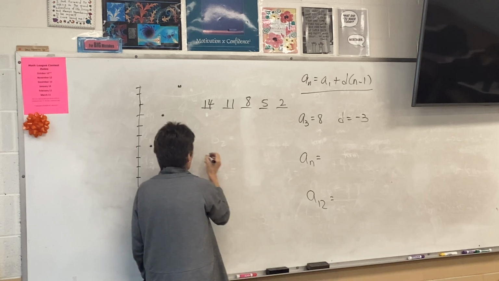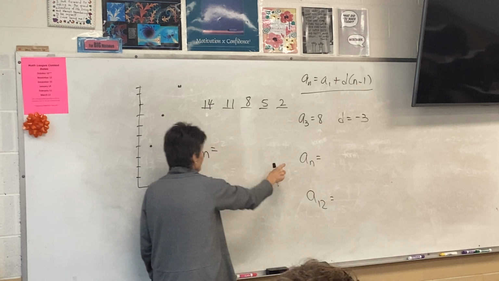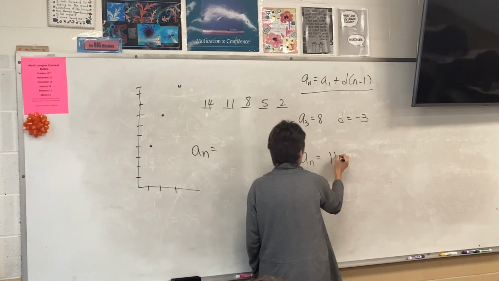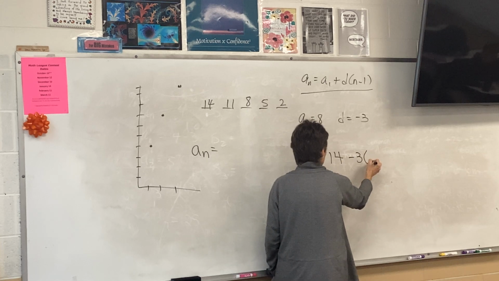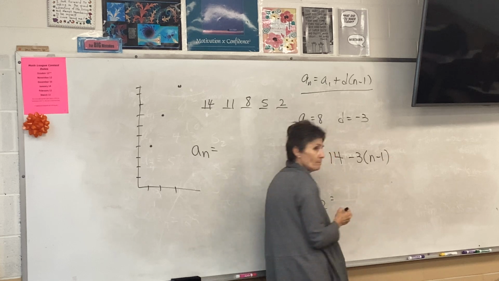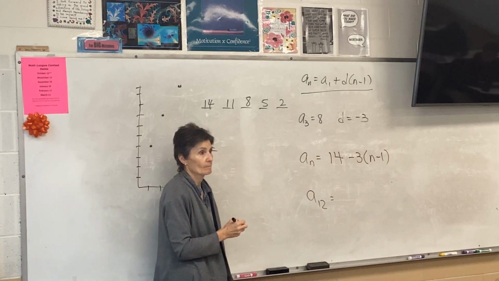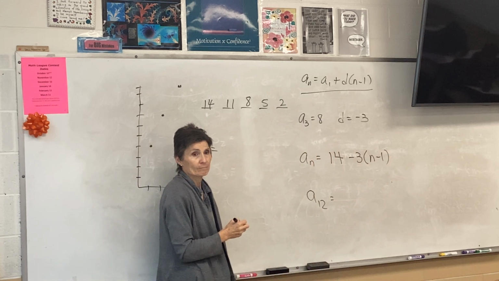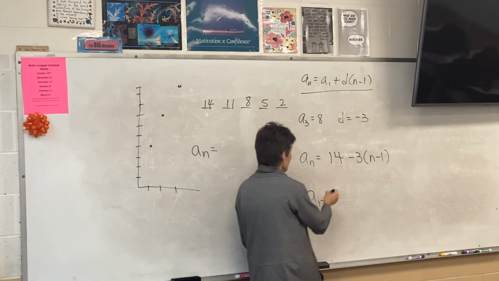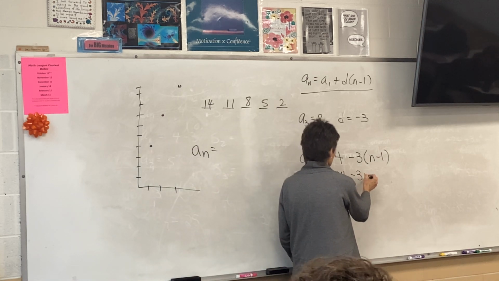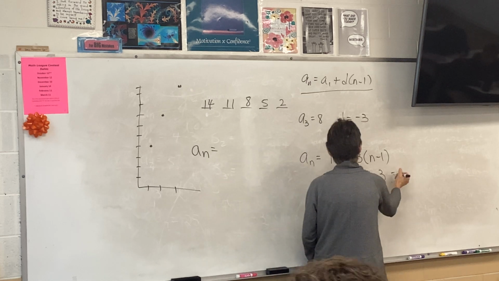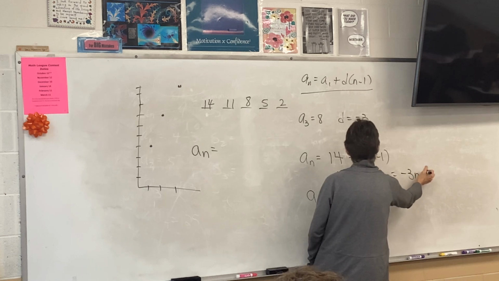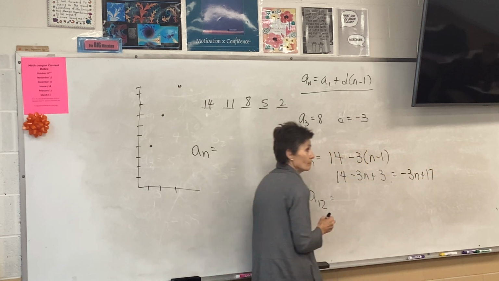So now I know that the nth term will be the first term plus the common difference times n minus one. Is that okay with everybody? So I'll clean that up. 14 minus 3n plus 3, what is that? Negative 3n plus 17.